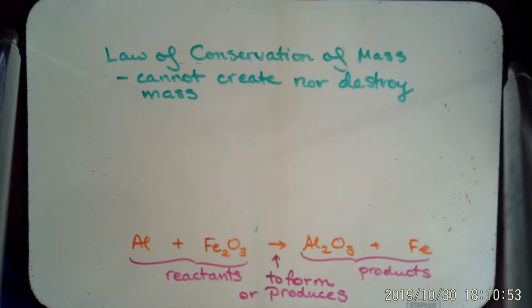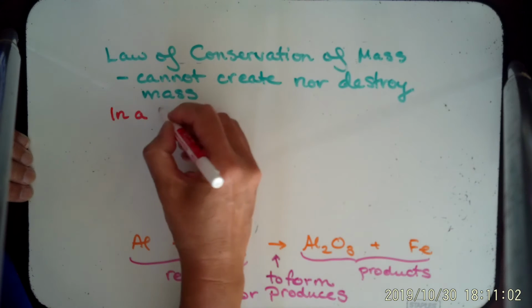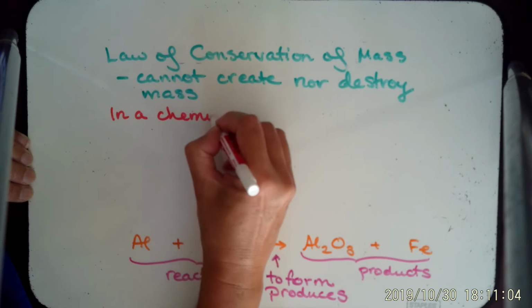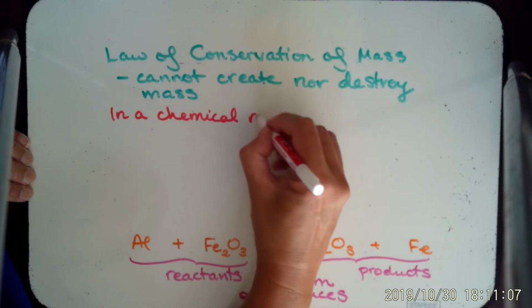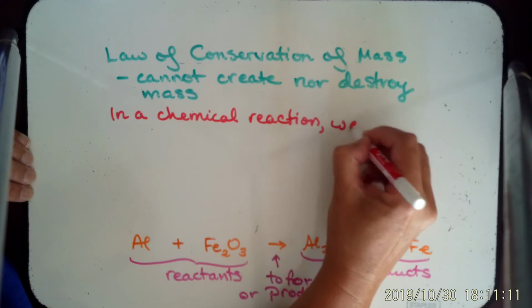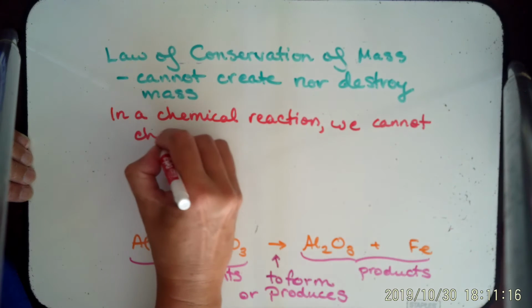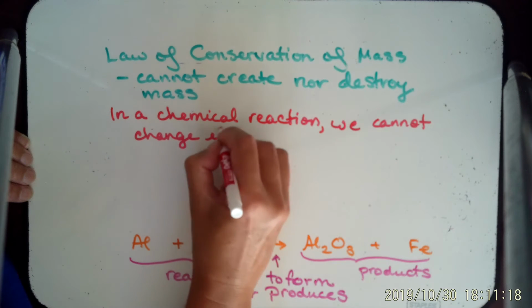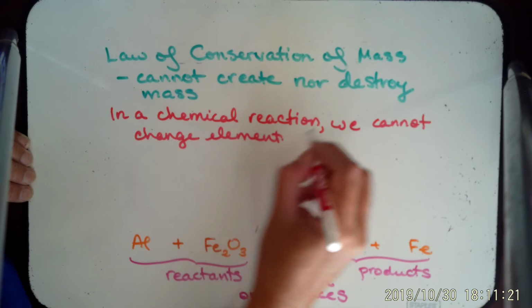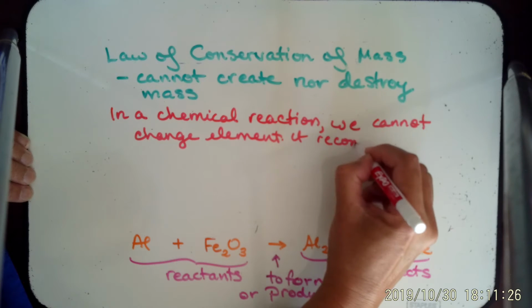Not only can we not create nor destroy mass or matter, the other part is that in a chemical reaction, you cannot change an element. It only recombines to form a different substance. Okay?